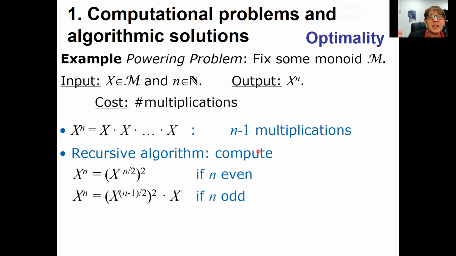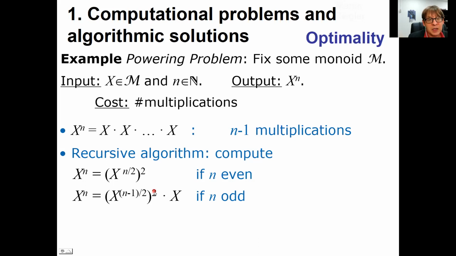And in case that n is odd, a little bit more effort is needed. Namely, in this case, n minus 1 over 2 is a natural number. N minus 1 is then even, divided by 2 there's no fraction. And thus here the recursive call or hypothesis can be computed using a certain number of operations, which we'll analyze in just a minute.